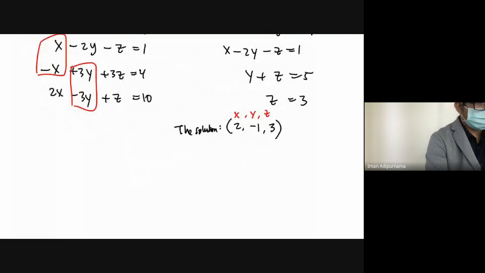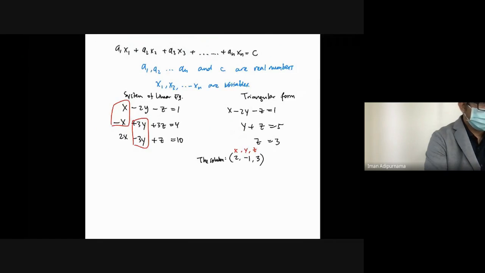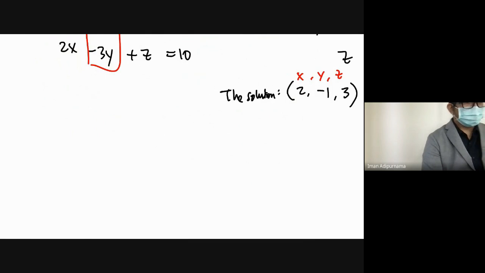Now another way to look at this example is by using what we call Gaussian elimination. This is one method that is really effective.